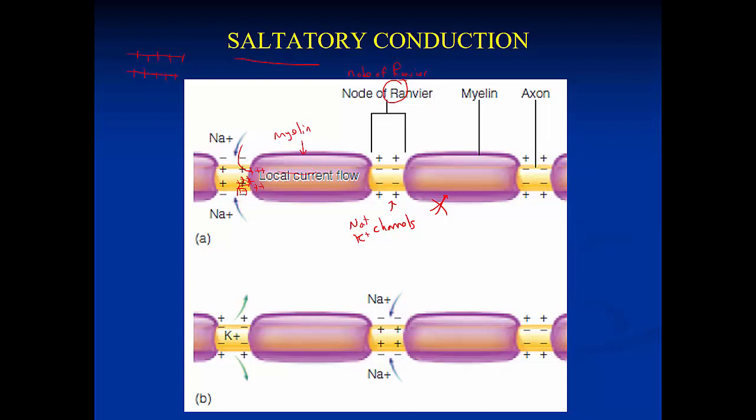Those are going to push those ions down this way. And eventually, I'm going to get an increase here. Now, if I get an increase here, what does that mean? What happens to my membrane potential? It's depolarized. If I get enough of those ions there, I'm going to exceed threshold. Voltage-gated sodium channels are going to open up, and sodium's going to come rushing in like you see here.